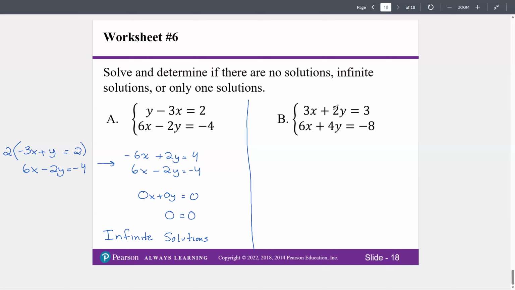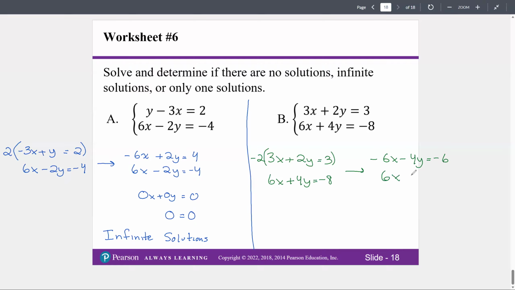So here, we don't have to change the order of anything. So we just have 3x + 2y = 3, and then we have 6x + 4y = -8. If I want to get rid of, say, my x's, this is already 3x, 6x. So if I multiply by -2, I'll get a -6x. So we're going to get -6x - 4y = -6.